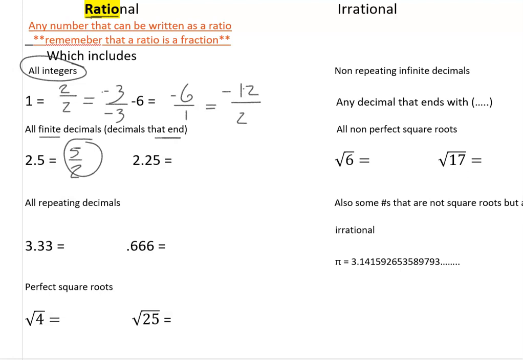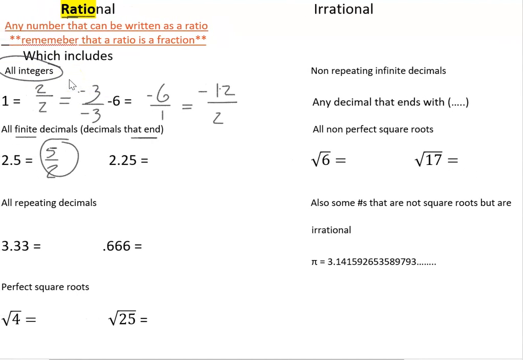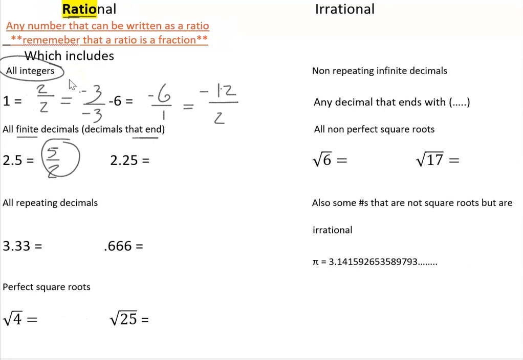Let's move on to this one. 2.25. You're not going to be able to think of a lot of these off the top of your head, but if you take 9 divided by 4, if you do that on a calculator, it will give you 2.25. That's a ratio, therefore this is a rational number.